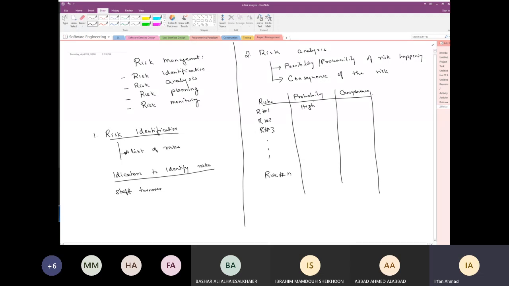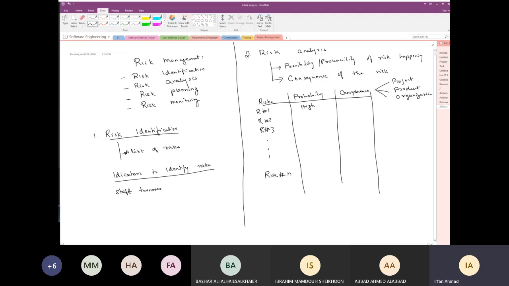The effect of the risk, the consequence of the risk, broadly speaking, can be of three different kinds. It can have a consequence on the project, on the project and the product, and on the organization, the company itself.